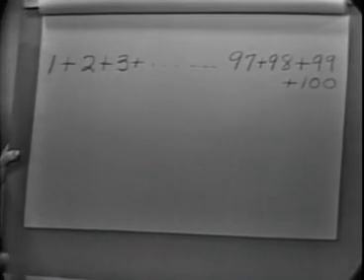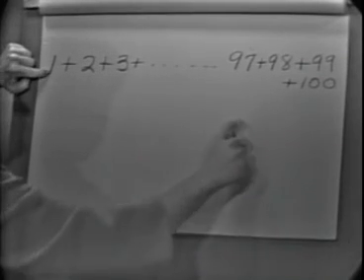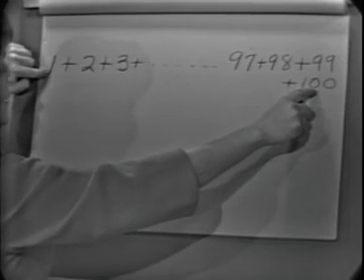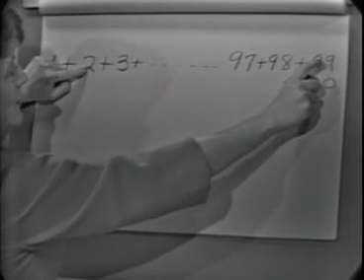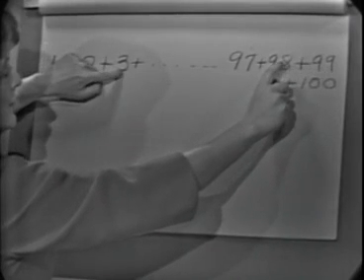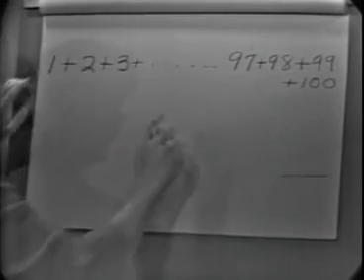But not Carl. He looked at the situation. He looked at the first number and the last. Their sum, 101. The second number and the second to the last, 101. The third number and the third from the last, 101.